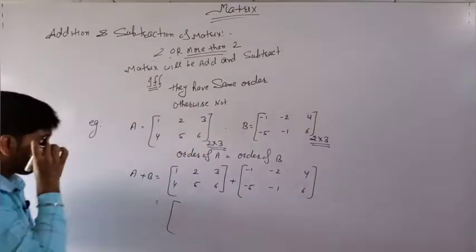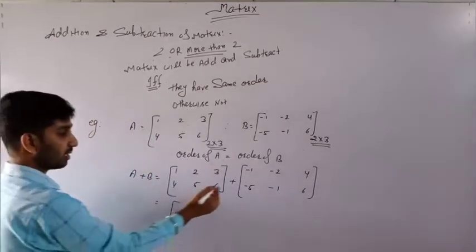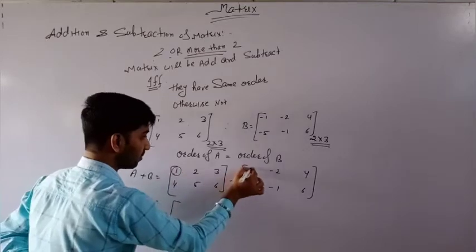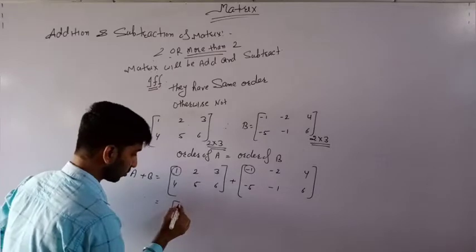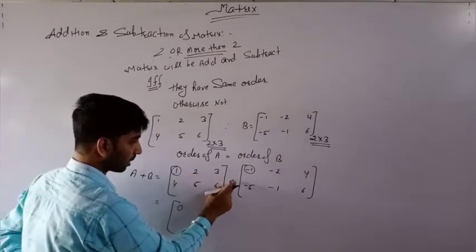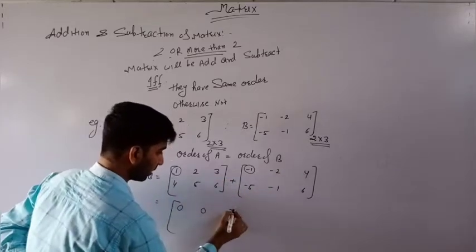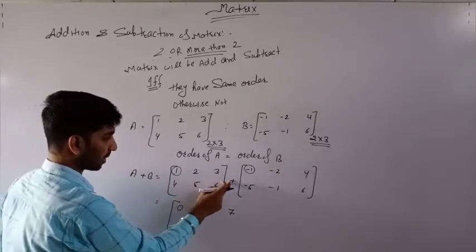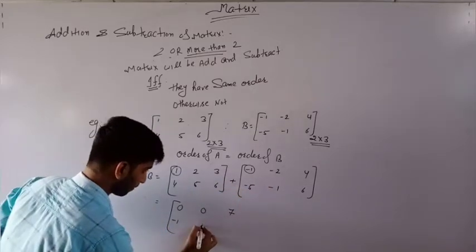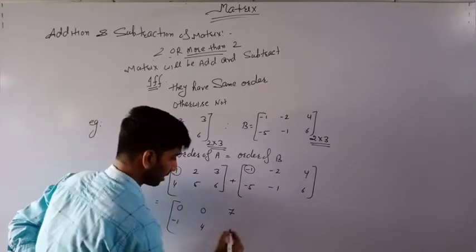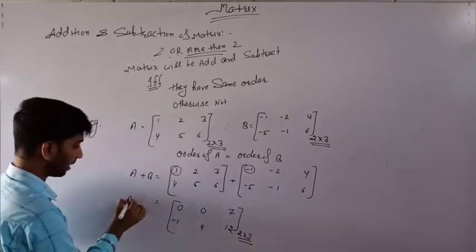Addition of two or more than two matrices is possible when their order is the same, and in addition their corresponding elements will be added. 1 plus -1 is 0, 2 plus -2 is also 0, 3 plus 4 is 7, 4 plus -5 is -1, 5 plus -1 is 4, 6 plus 6 is 12. The order is 2 multiply 3, it is A plus B.